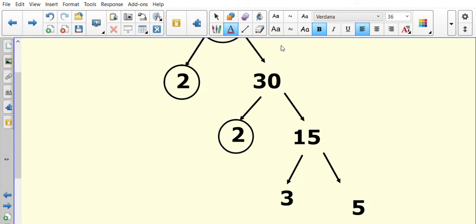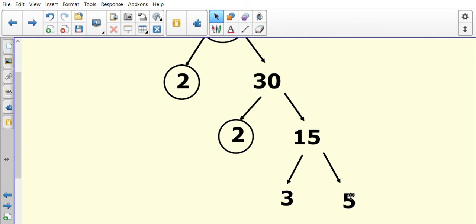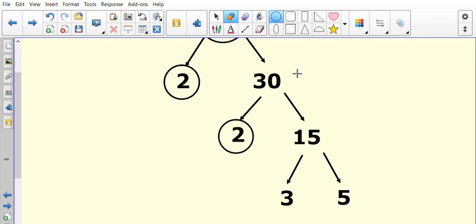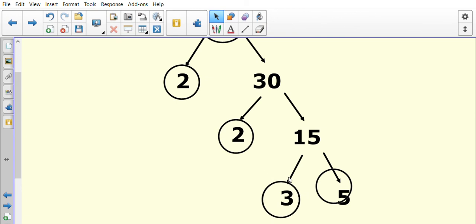And hopefully you've spotted at that point we're done, because 3 and 5 are both prime numbers. So my factor tree or prime number tree, it's referred to as lots of things to be fair. You know you're finished when you've basically got prime numbers all the way at each of the ends.